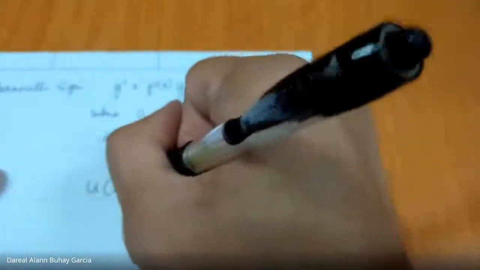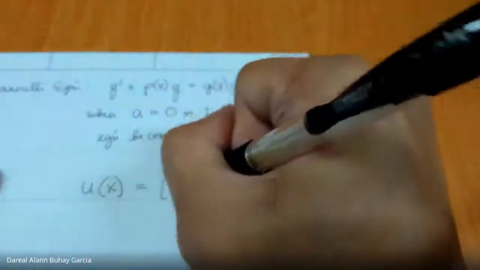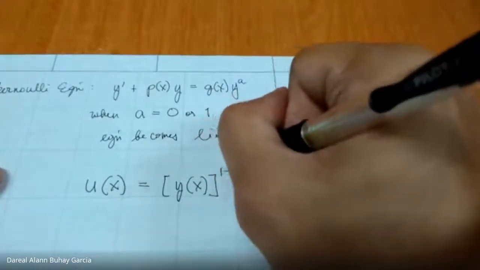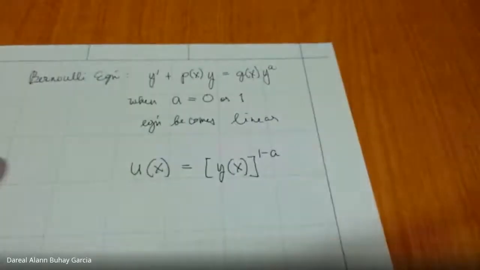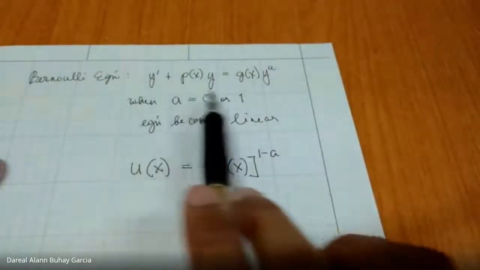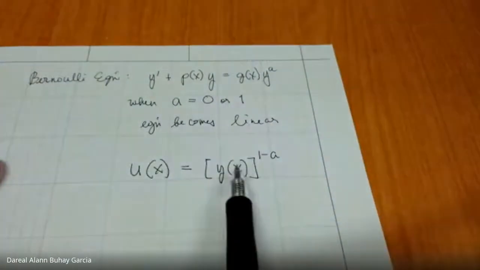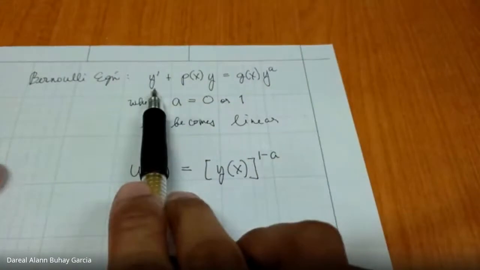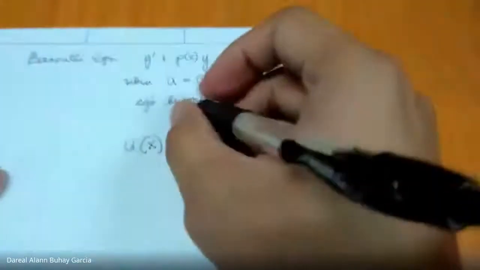U of x is equal to y of x to the power of 1 minus a. And we replace all y's with this one, same with y prime. Now we do not need to derive it today. We just use or invoke this formula.